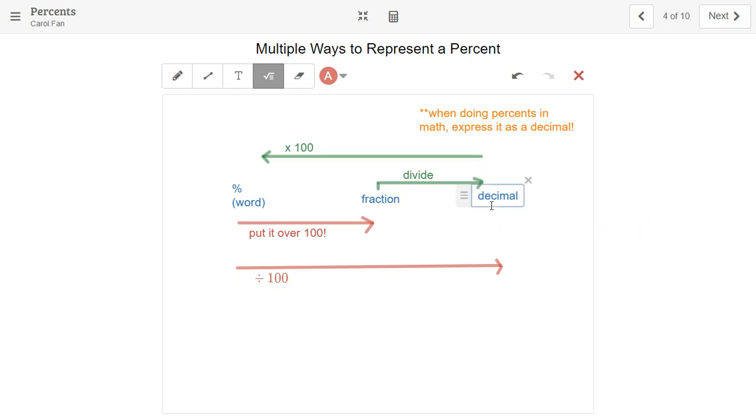The trickiest one is converting from a decimal to a fraction. When we're going from a decimal to a fraction, we need to make our decimal into a whole number. And then we're going to put it over 1 and some zeros, and the number of zeros will depend on how many decimal spots you had.